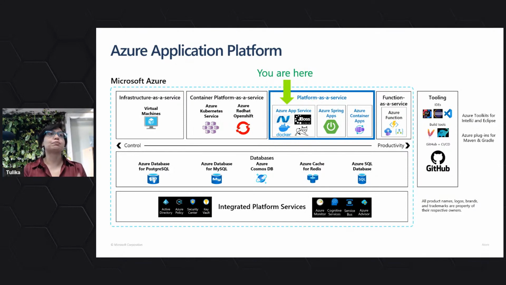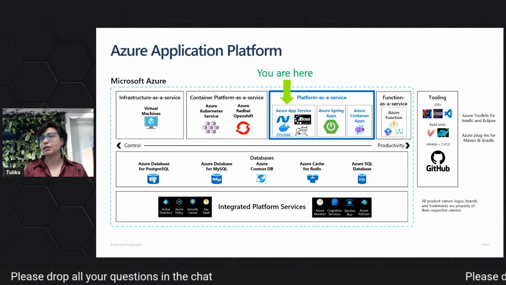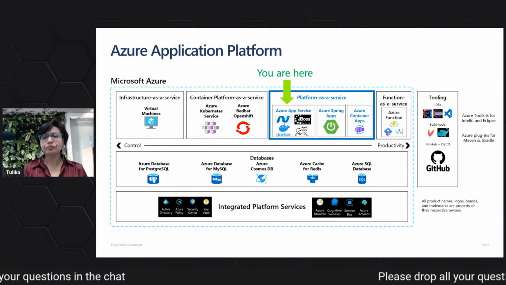So you can just bring your own code. You can deploy using various methods. You can use GitHub, you can use DevOps, whatever you want. And we will take care of maintaining the platform for you, which includes updating the platform, making sure that the OS has the right security fixes, and making sure that there is availability and SLA being met for your application.